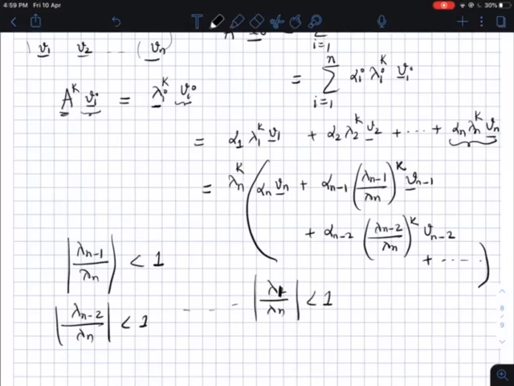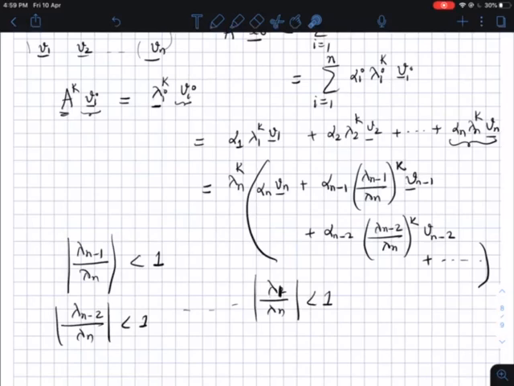In fact, the more these absolute values are less than 1, the faster these terms will all go to 0. For example, if this quantity here is 0.99999, even then, as k goes to infinity, this term will go to 0, but it will go very slowly, as opposed to when this ratio is, let's say, 0.1, then this term goes to 0 much faster. So the smaller they are than 1, the faster the convergence is.